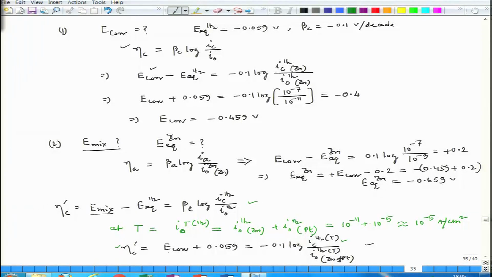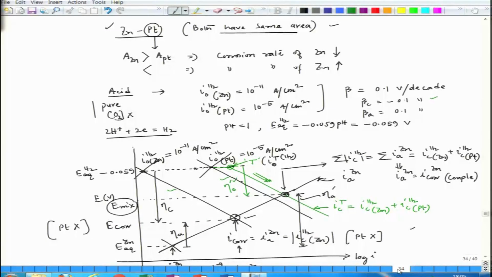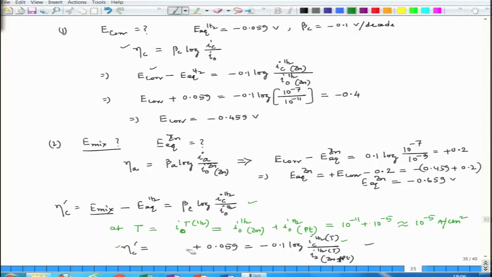Here this E_corr is nothing but the E_mix. So, we have mentioned that if we consider this particular plot, this is the new E_mix. So, instead of E_corr I can write E_mix.